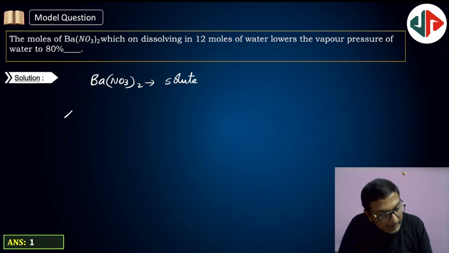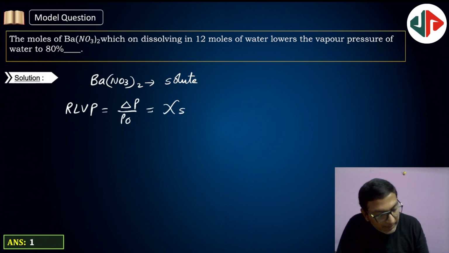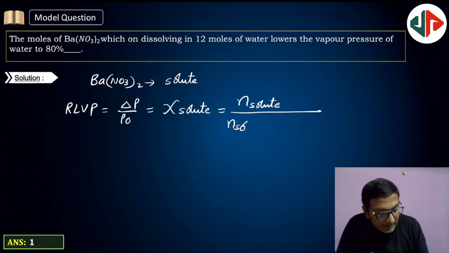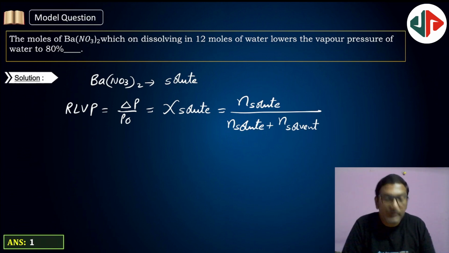So relative lowering of vapor pressure, delta P by P naught, is equal to mole fraction of solute. So mole fraction of solute means number of moles of solute by number of moles of solute plus number of moles of solvent. So from this we should find number of moles of solute.